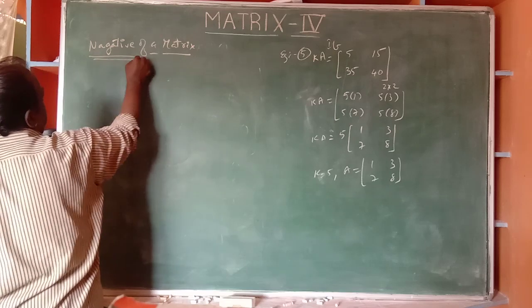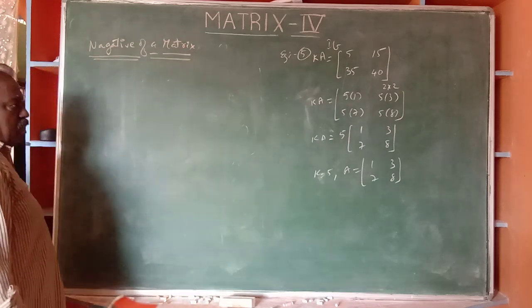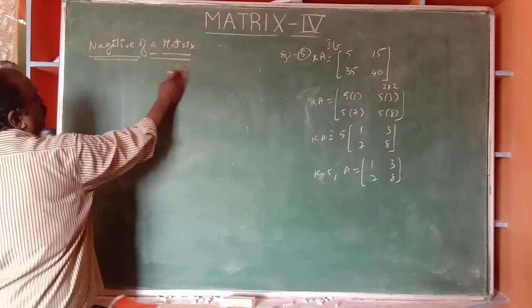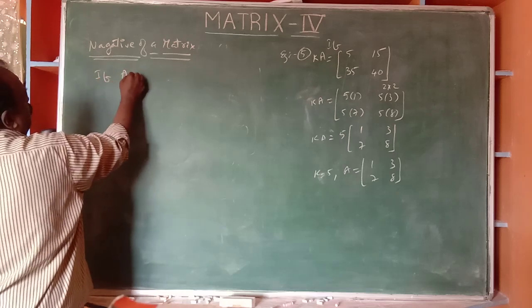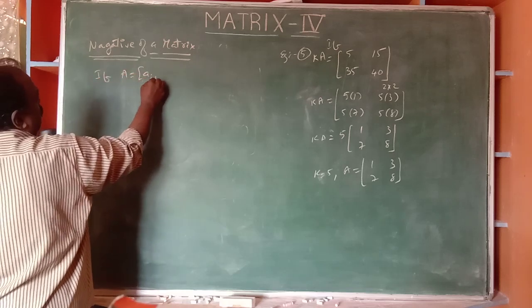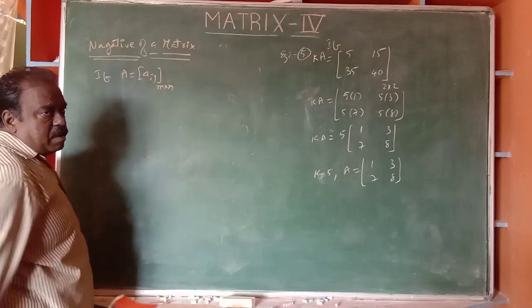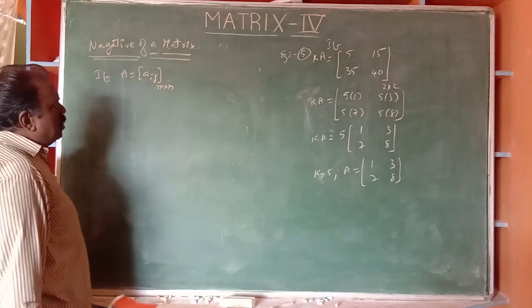Negative of a matrix. You see, if A is equal to Aij, m by n, it's a general matrix. Capital A is the notation for the matrix, and small a is an element.